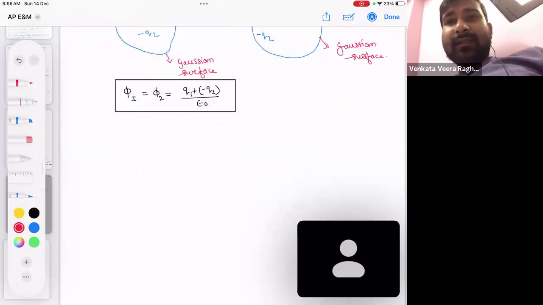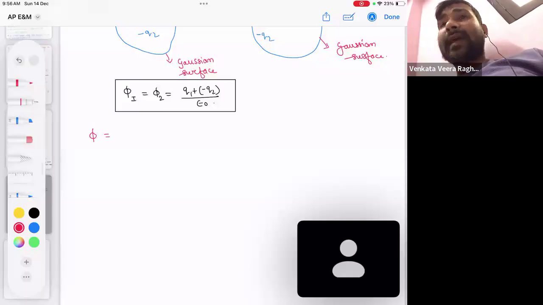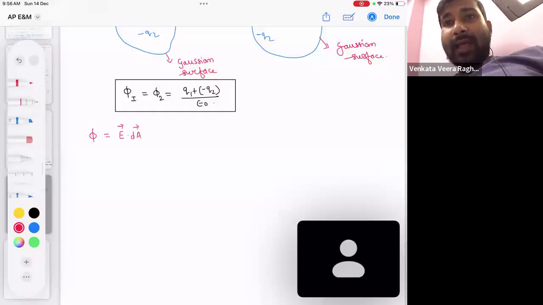So now, can I write it? Flux through a surface is, now how many ways can I calculate the flux? I can calculate flux through two methods. Either I will use the integration of E dot dA, or I will use Q enclosed by epsilon naught.